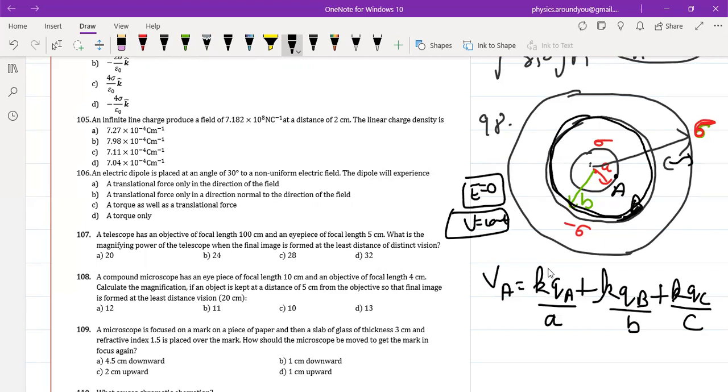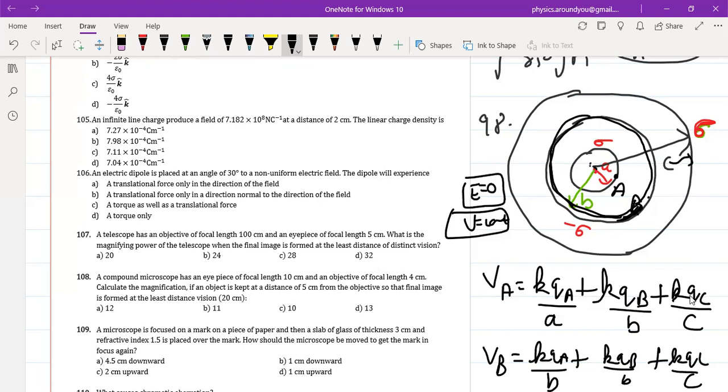Now, how to do the same for potential at B? B will have potential due to A, its own shell, and C. Due to A, the potential at B is KQA by the distance between the center and this, which is B. So it is KQA by B plus the potential due to shell B only, which is KQB by B. What about C? It is KQC by C. That is VB.